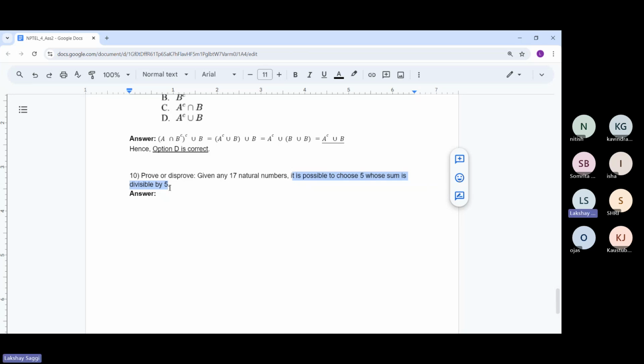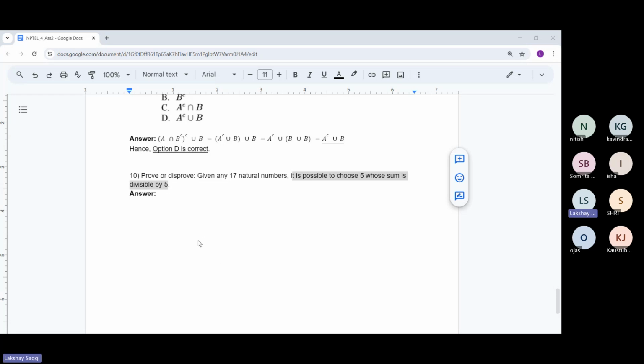What this claim means is that we can always choose numbers whose sum will be divisible by 5. And it's not that these 5 numbers will also be given to us. The problem is claiming that the onus is on us, that we have to choose 5. So can we always choose 5 numbers out of the given 17 numbers?